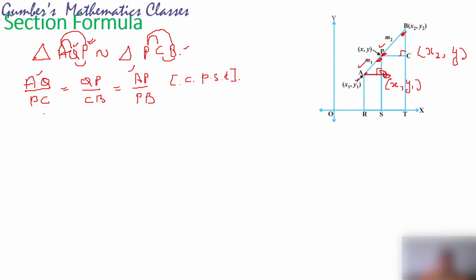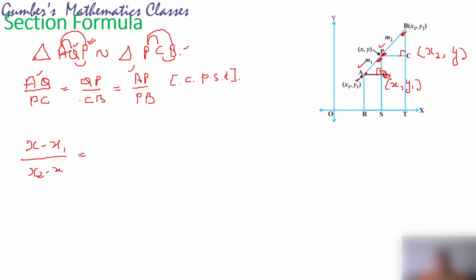Now the next thing is AQ. How to find AQ? This is the distance on the x-axis, that is x minus x1. Next is PC. PC is the distance between the x-coordinates of P and C, that is x2 minus x.